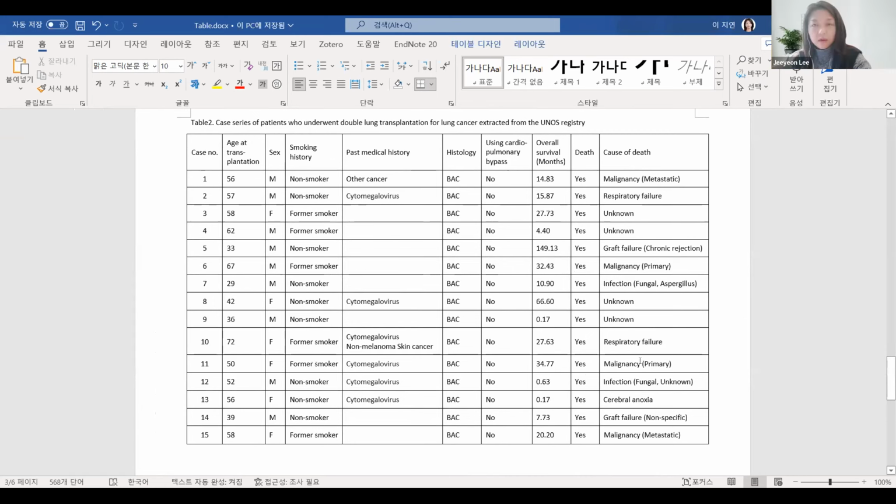I think the cause of death data is quite detailed, so I want to make some category classification or just leave them.